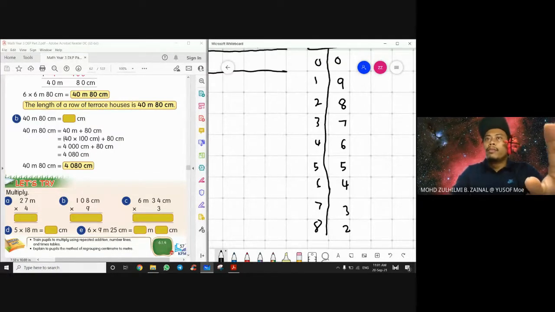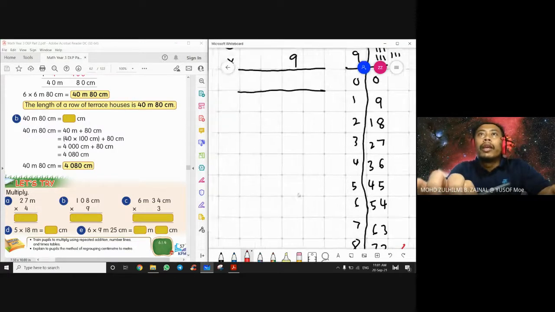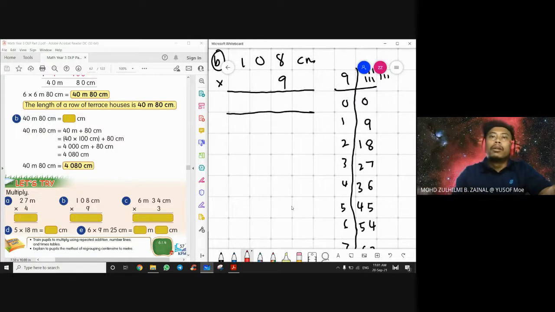Okay. And then, letak satu dekat 18 tu. 1, 2, 3, 4, 5, 6, 7. Then you get a complete table.